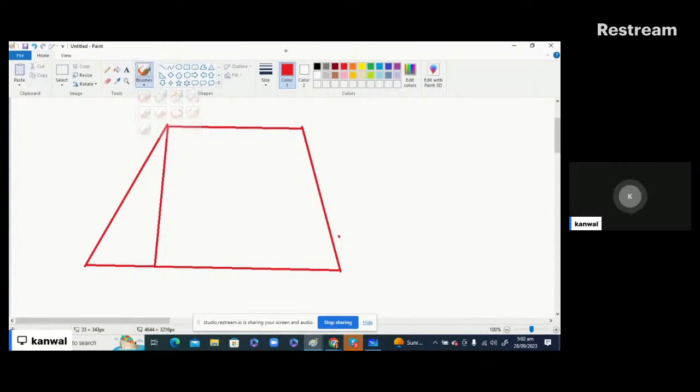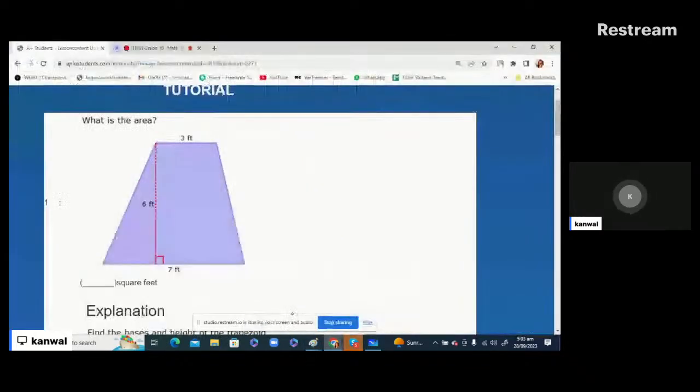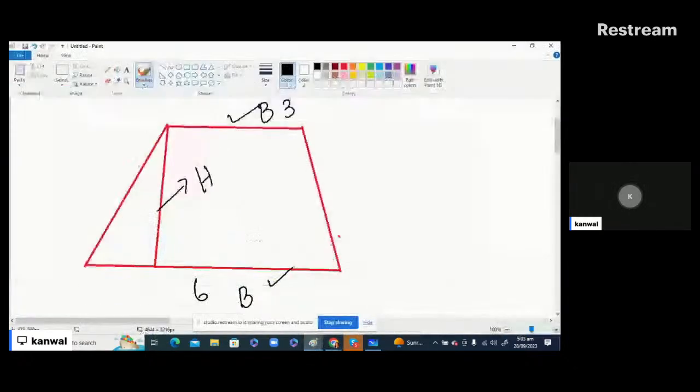This one is your height, and these two are the bases. The bases are given as 3 and 7, and the height is given as 6.